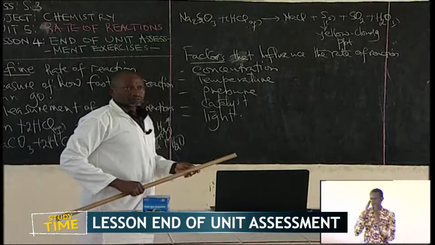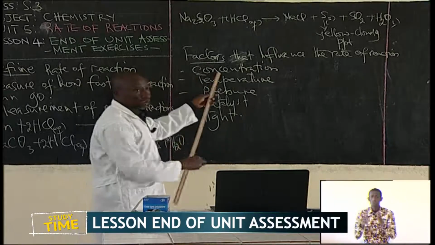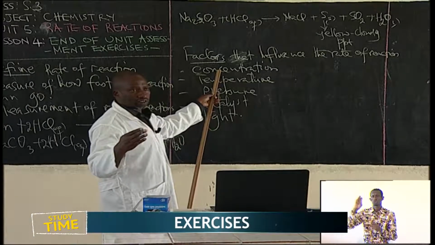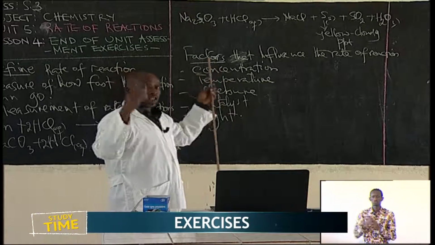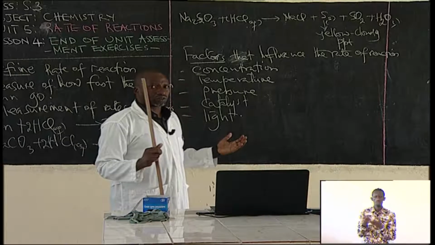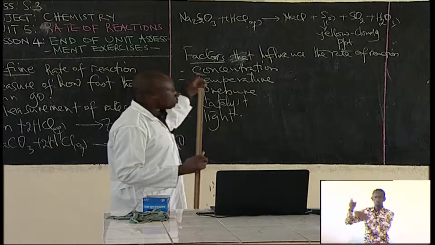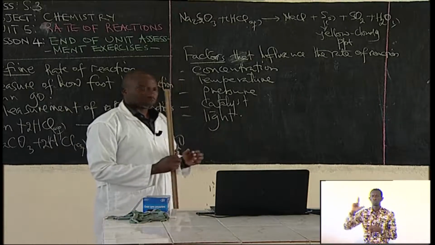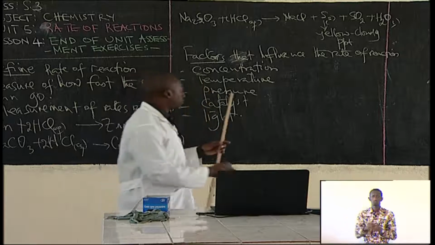Concentration, briefly, we said when the concentration of the reactants is high, we'll have more collisions. We talked about the collision theory. More collisions, more particles, more chances of the particles coming together.